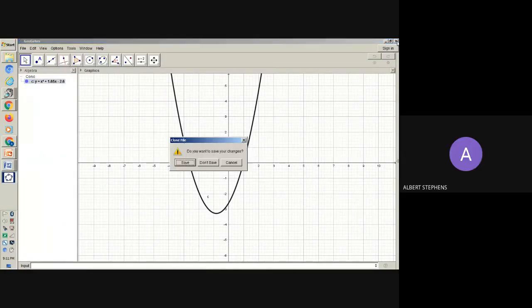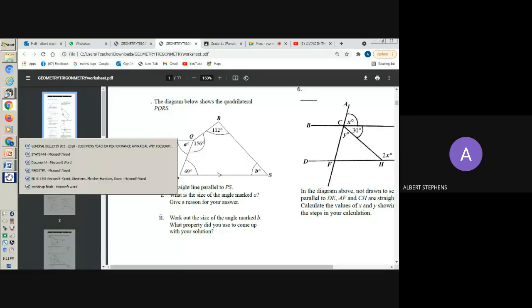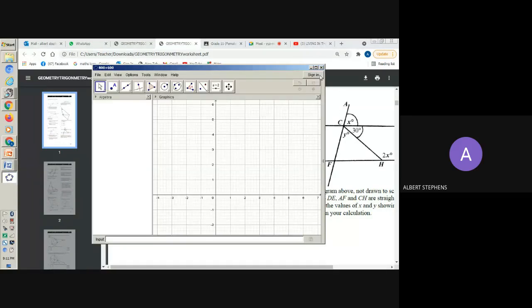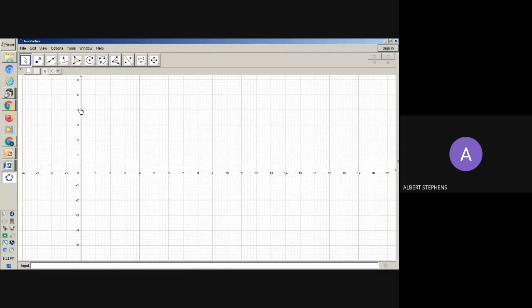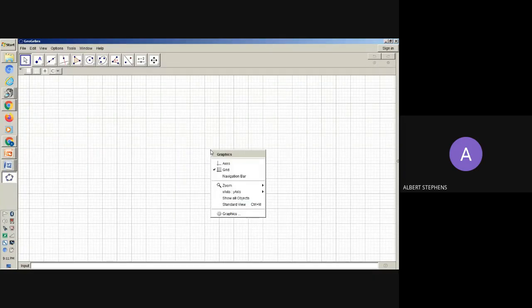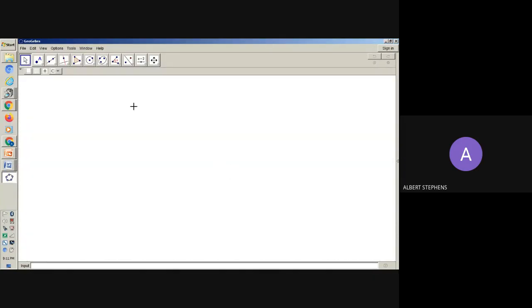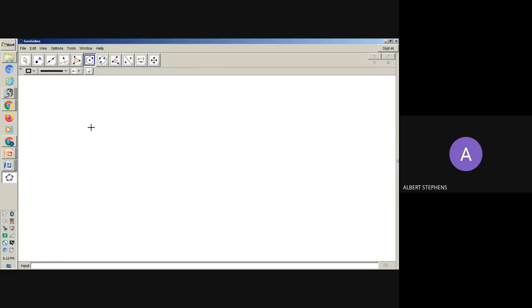Give me a minute. Let me just bring up. All right. So the next topic is what we call circle theorem. And circle theorem, it's really how shapes behave in a circle.